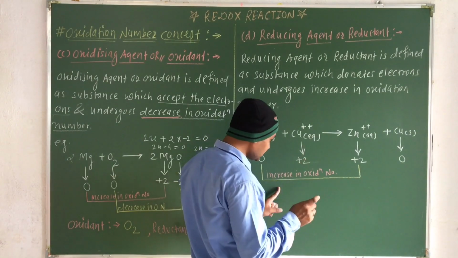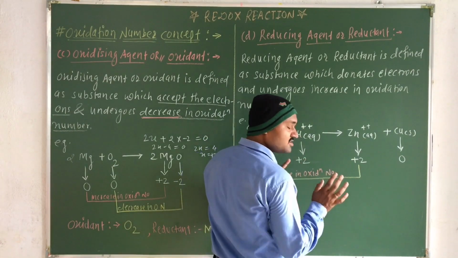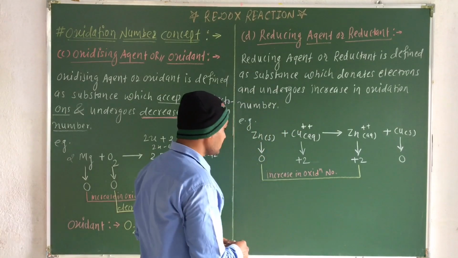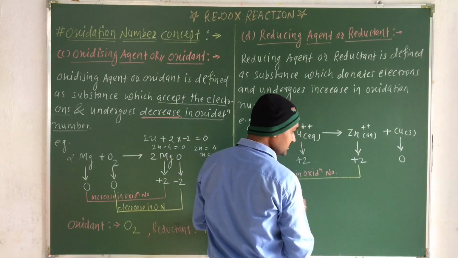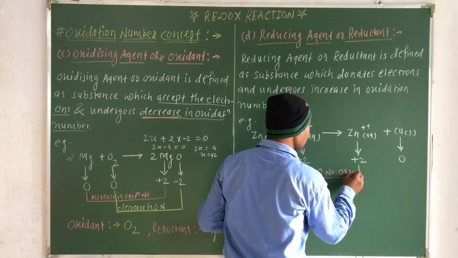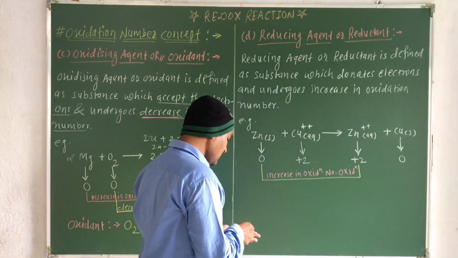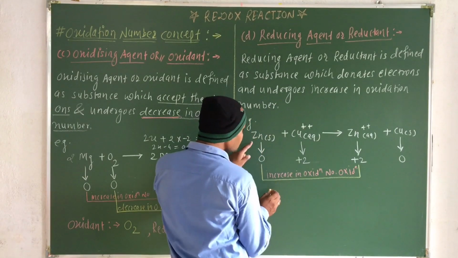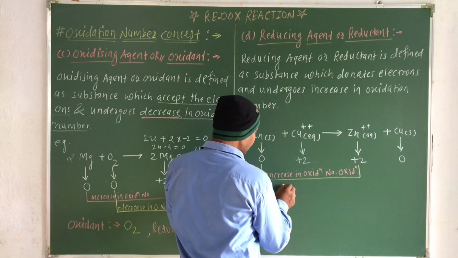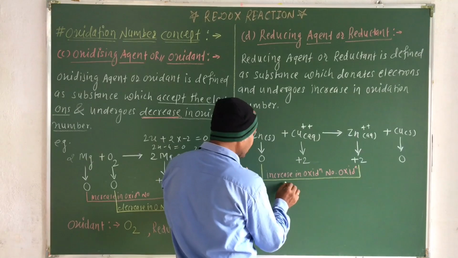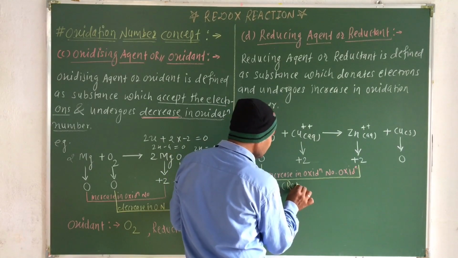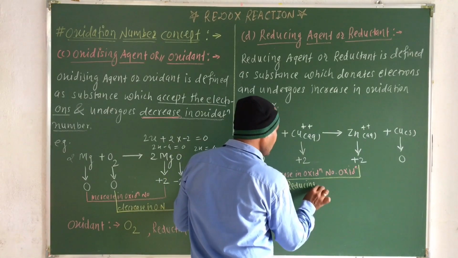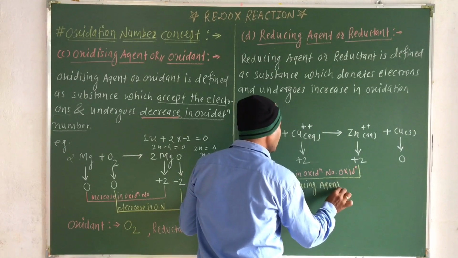By our definition, increase in oxidation number is nothing but oxidation process. If this process is an oxidation process, obviously this particular atom will act as a reducing agent.